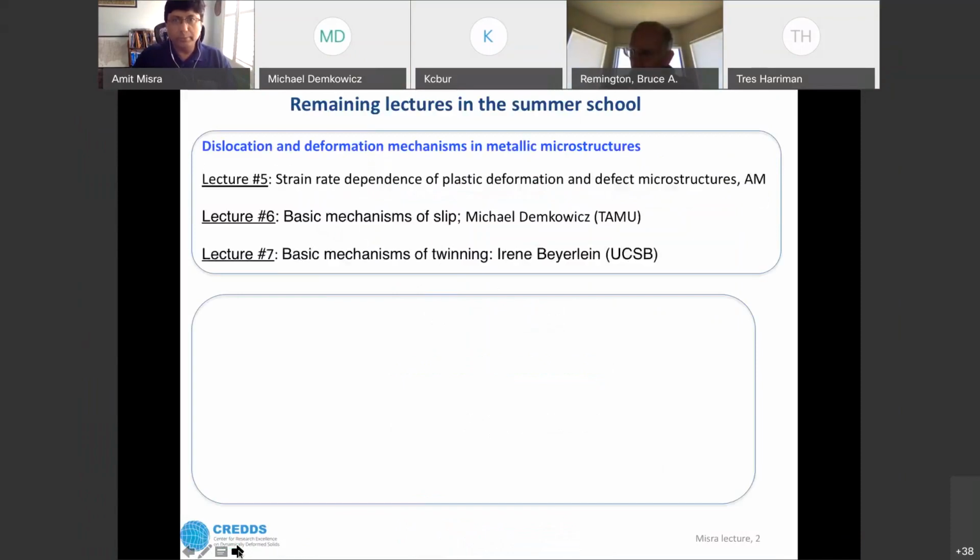And just to remind where this lecture fits in the summer school, this lecture and the following two lectures will cover the dislocation level mechanisms of deformation in metallic materials. So you should see these three as a set or a module, and collectively they will be able to address dislocation level mechanisms.